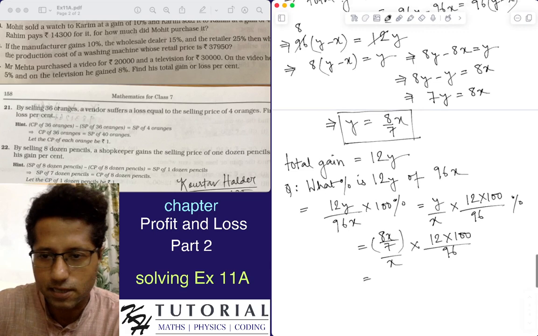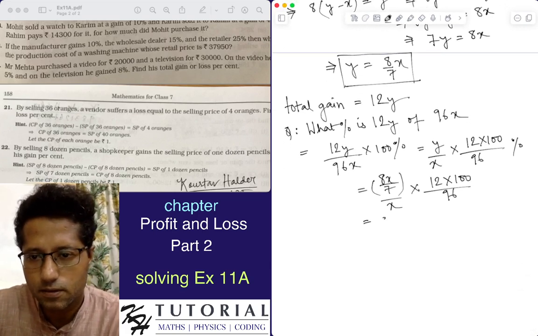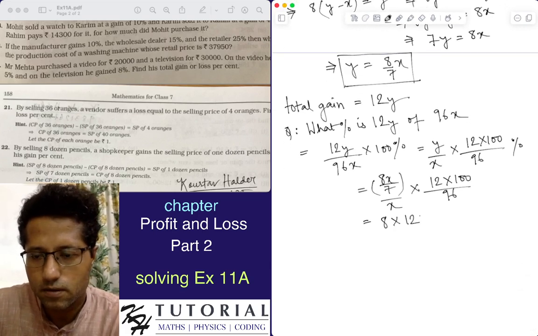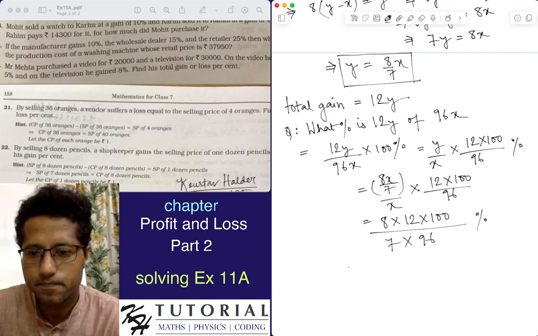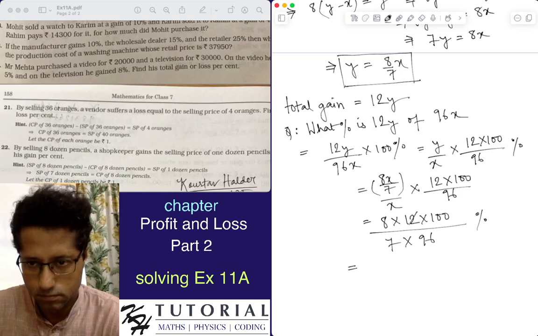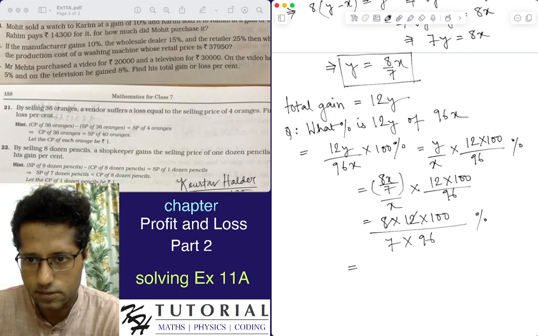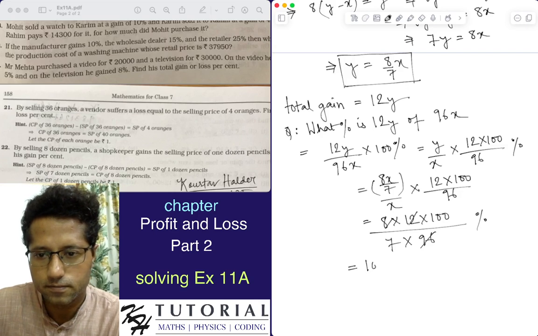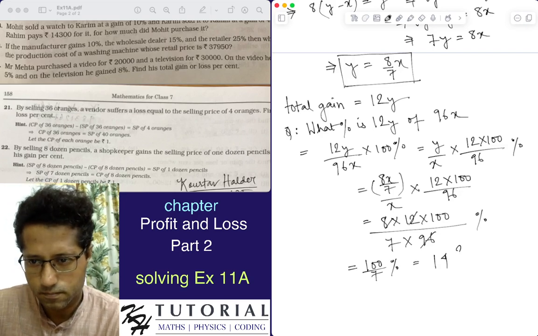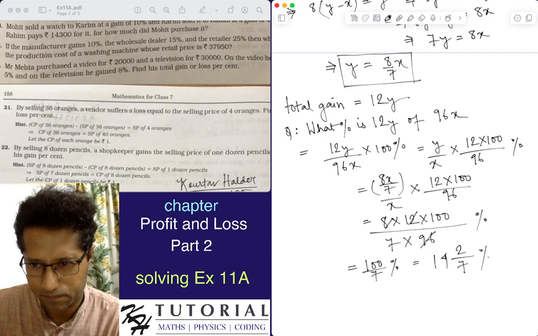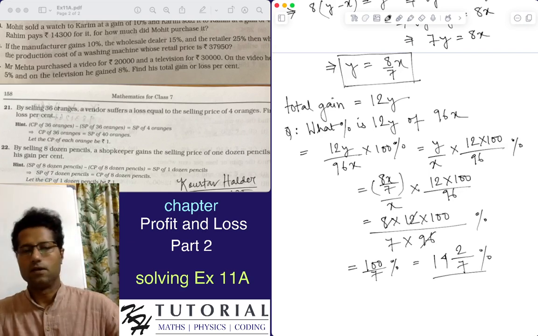Now from here x cancels out and we are left with 8 into 12 into 100 divided by 7 into 96, this much percentage. 8 cancels 96, so this is 100 by 7 percentage. This equals 14 and 2 by 7 percentage is the total gain.